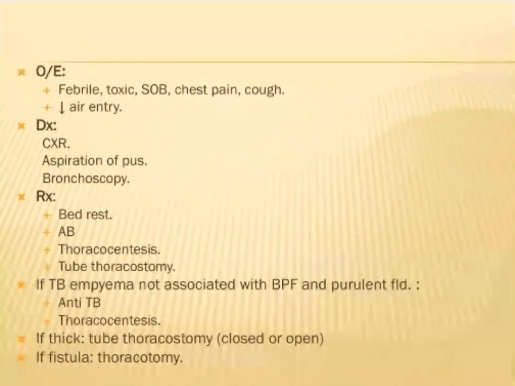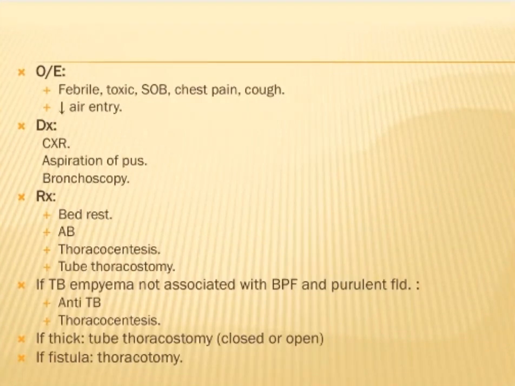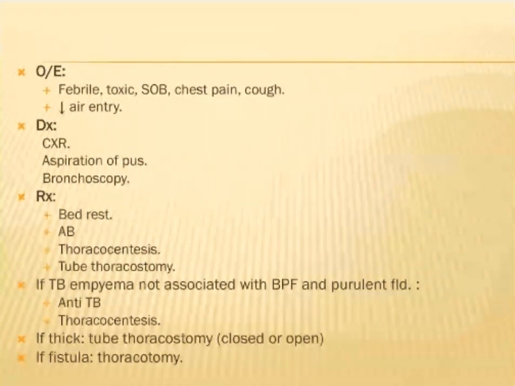Only in case of TB, you should always give proper anti-TB medication besides thoracentesis. When can I do a chest tube or tube thoracostomy in TB? When there is thick pus, or maybe rapid reaccumulation when I do repeated thoracentesis.